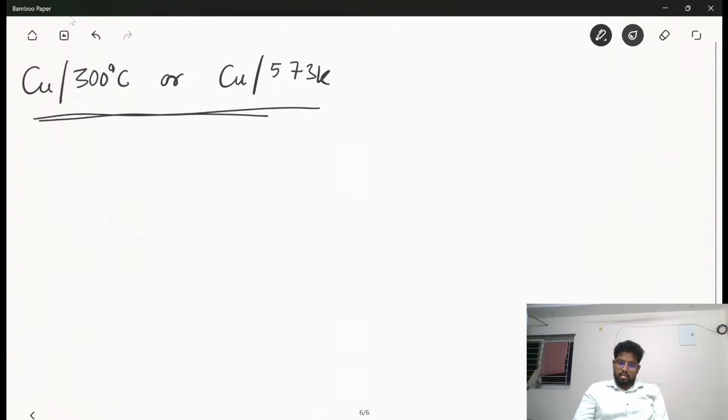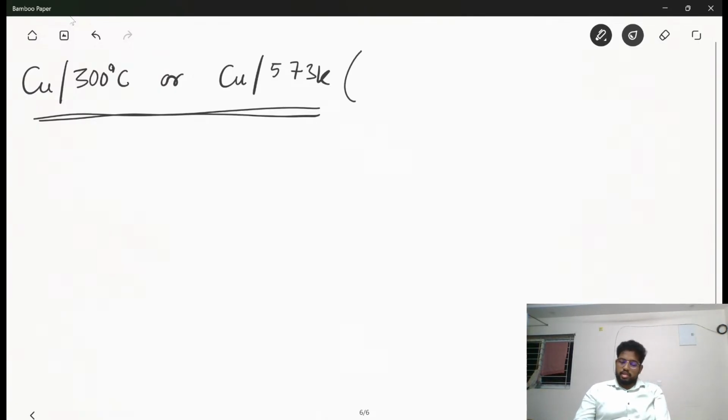Okay, so now I will tell you about copper at 300 degrees centigrade, or copper at 573 Kelvin. Now, what is the use of this copper?